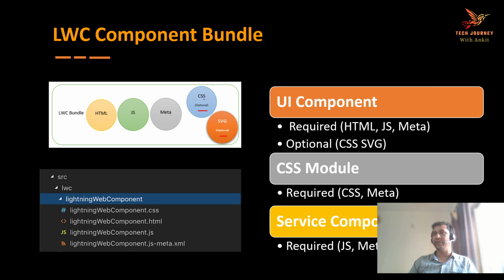CSS file we use whenever we have to add any external CSS to our component. SVG file we use whenever we have to introduce any SVG image in our component. So by default in our component we are getting these three files, and we can also add these two files as well.